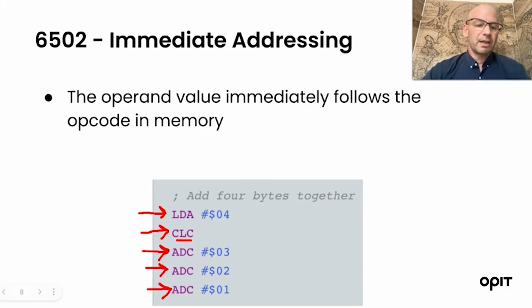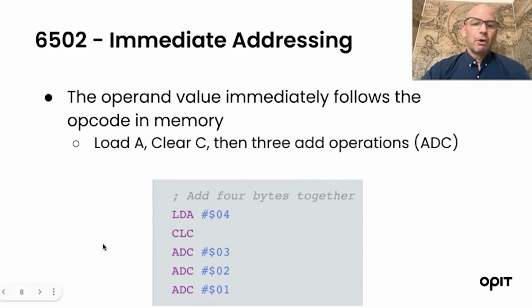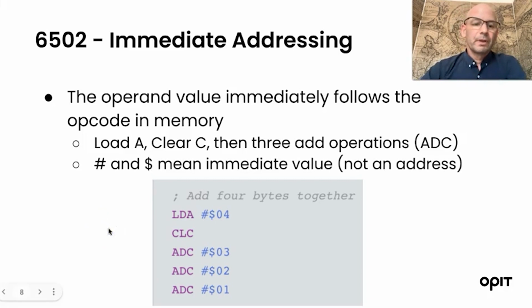So that's the immediate addressing. We have the actual values that we're just adding on top of each other, one after the other. So load A, clear C, and then three add operations, which is ADC. ADC means addition. Remember, the pound sign and the dollar sign mean that it's an immediate hex value, not an address.